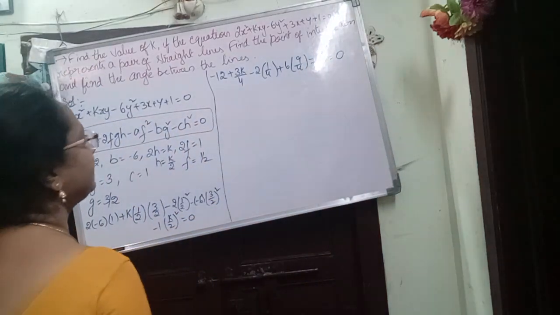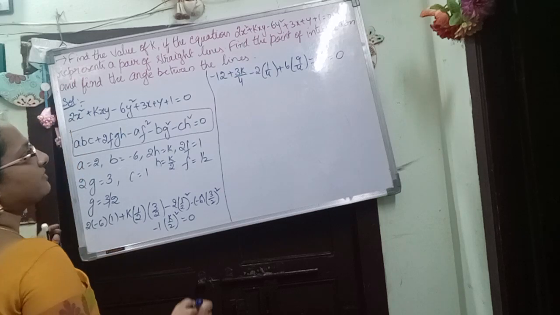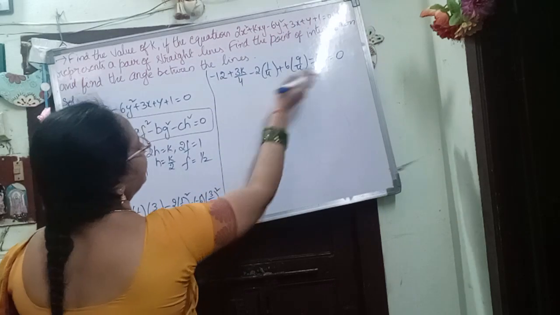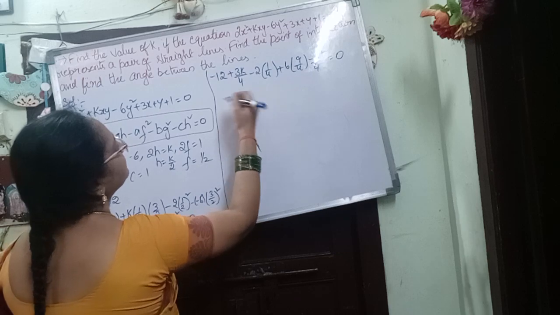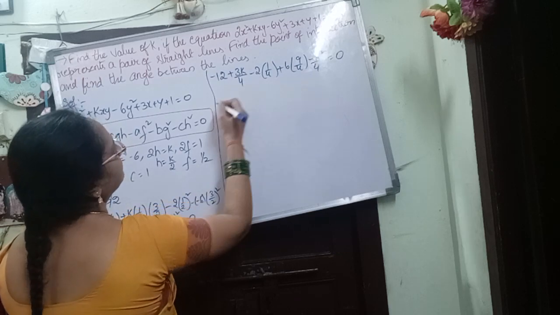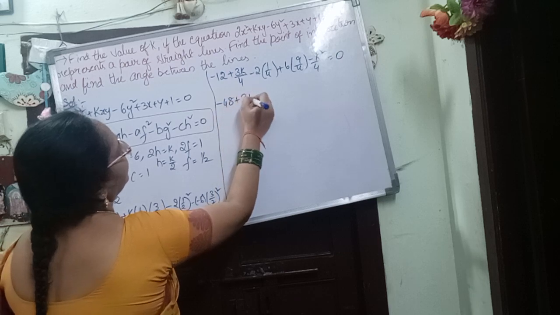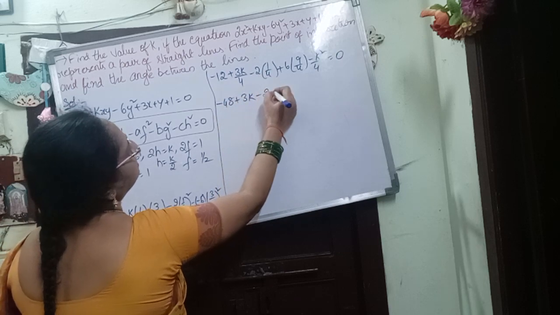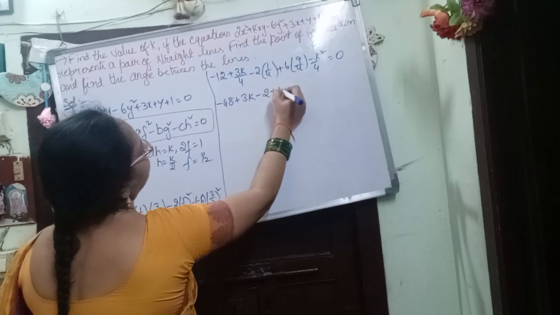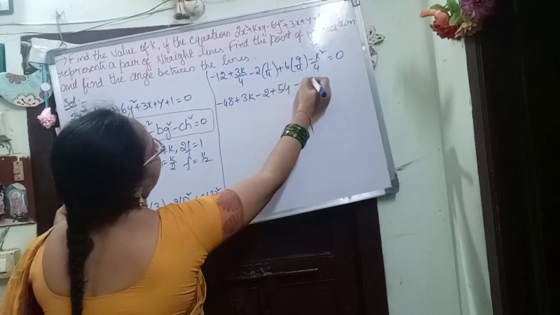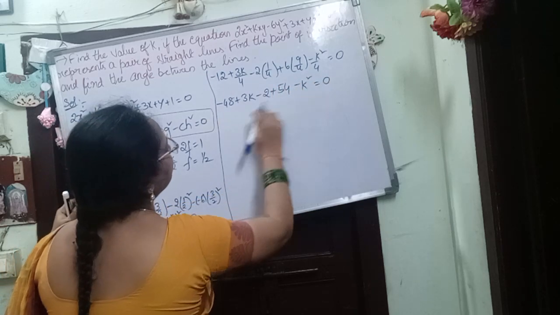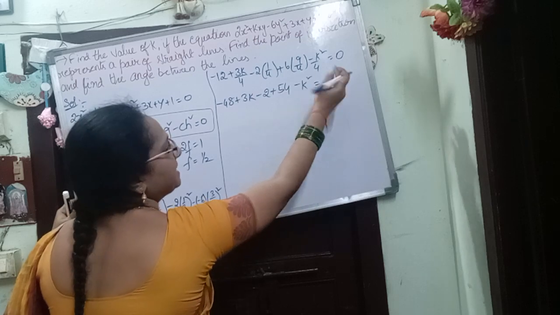Okay. Like this we will get a quadratic equation in terms of k. So just take the LCM. LCM 4 is the LCM. So 12 fourths are 48 plus 3k here minus 2 plus 6 nines are 54 minus k square equals to 0. Here LCM 4 goes that side, it becomes 0.